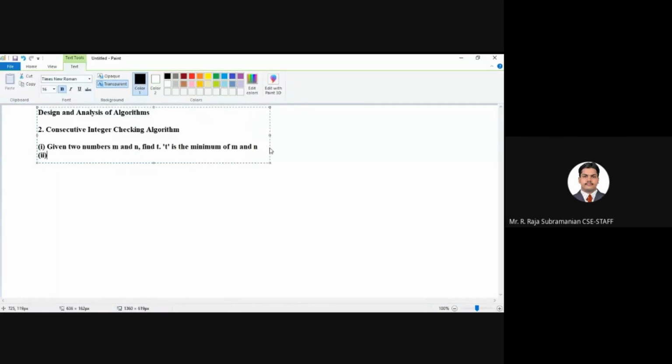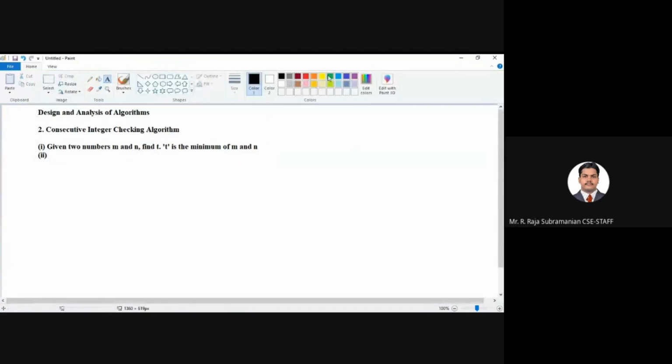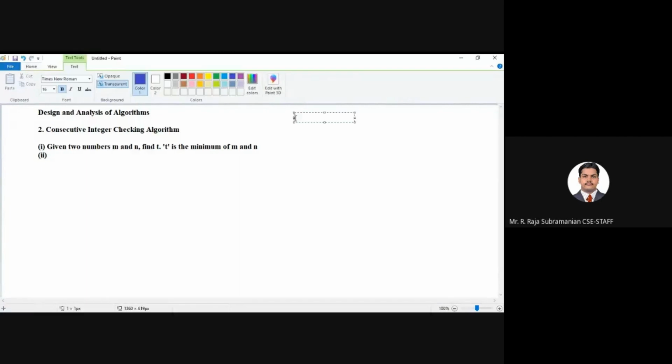Second, if we go with the problem on the side, it will be easy, right? So you say the numbers. m is equal to 12, sir. Same 12, okay. And n is equal to 4.